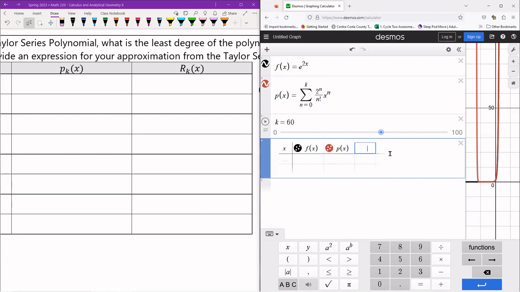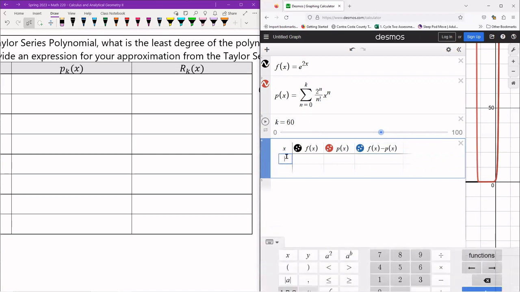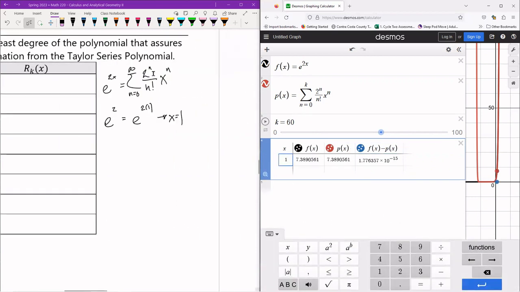I'm not going to write in r of x. I'm actually going to say f of x minus my p of x. So I'm grabbing my function, minus that Taylor series polynomial. I want my x to be 1, because of this right here.